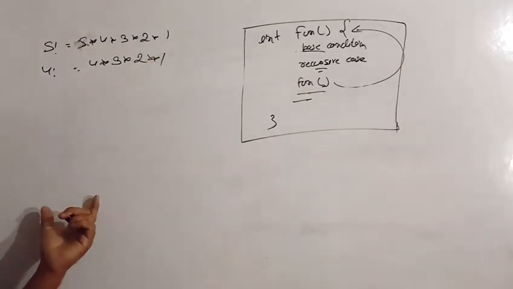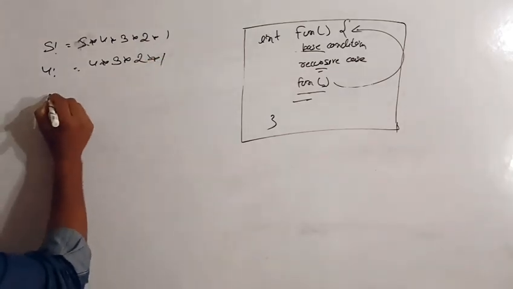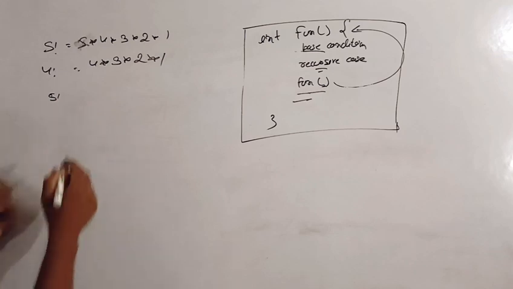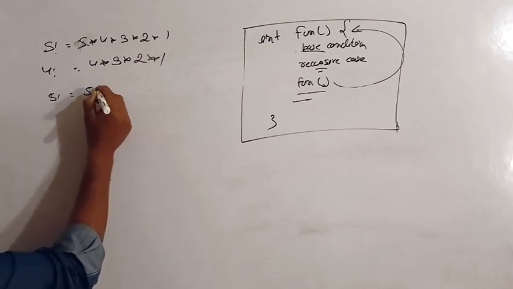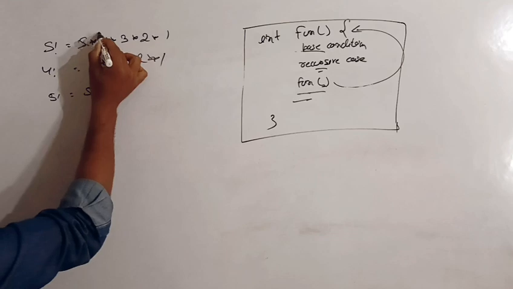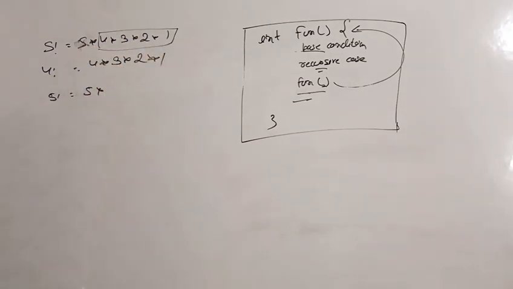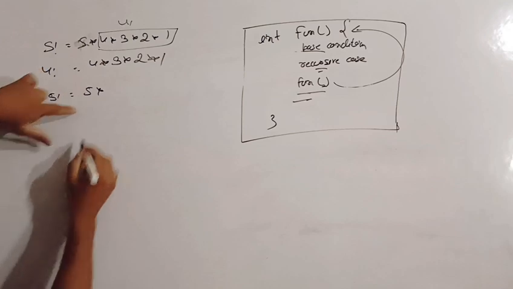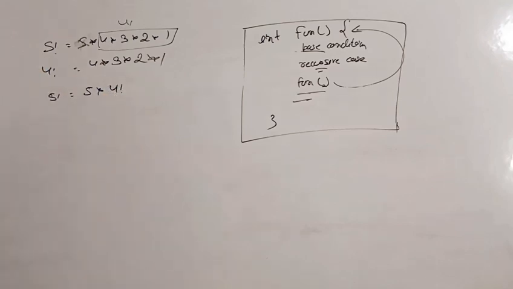So factorial of 5 means 5 into factorial of 4.